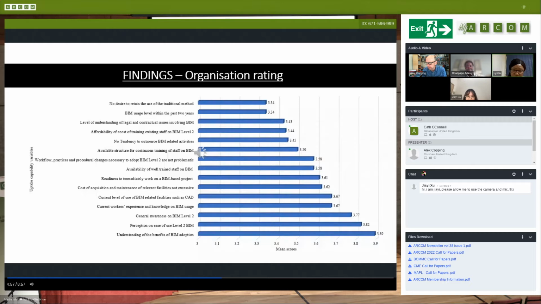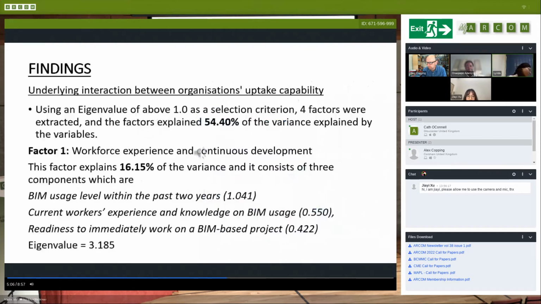In fact, the least is 3.34 and the highest is 3.89. Using an eigenvalue of above 1.0 as a selection criterion, 4 factors were extracted, and the factors explained 54.4% of the variance explained by the variables.